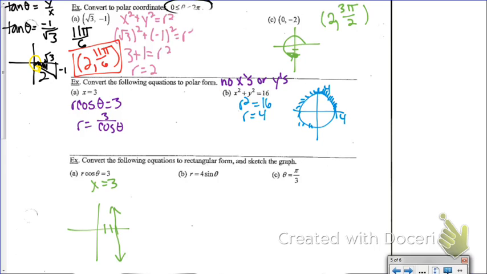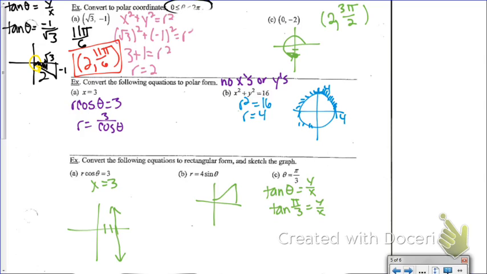Now if I look at all my different theta equations, the only one that doesn't use r is tangent. So I know the tangent of theta is equal to y over x. So that means the tangent of pi over 3 is equal to y over x. And then I can actually evaluate the tangent of pi over 3.